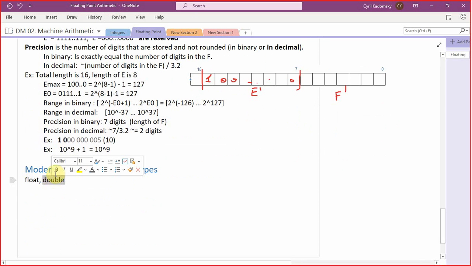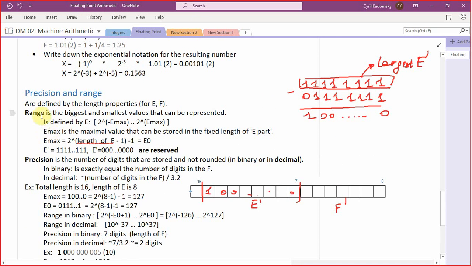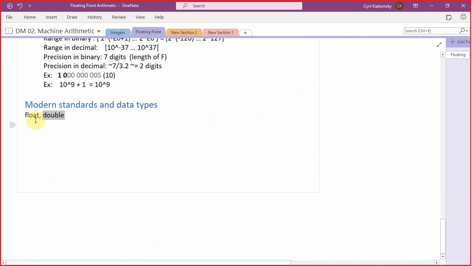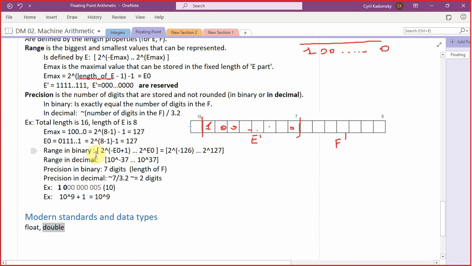Look in the documentation of your programming language, which precision and range is specified there, and try to calculate it yourself and compare.